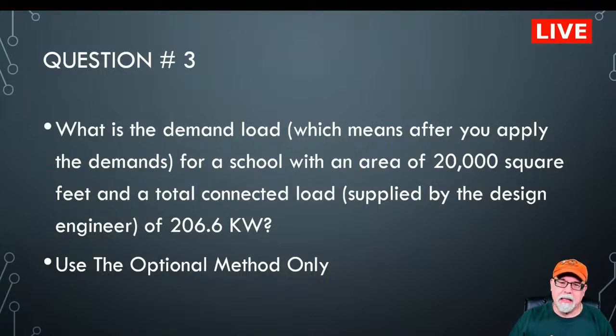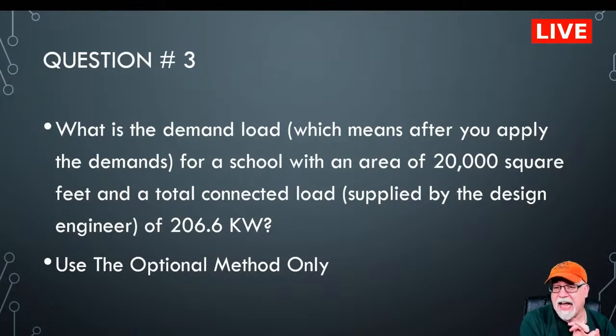Now, this is interesting because it also tells us to use the optional method. Now, we can always use a standard method, but here the question is saying use the optional method. So obviously we're in part 4 of 220. That comes to mind. We already know there's a demand factor that has to be applied based on the question.